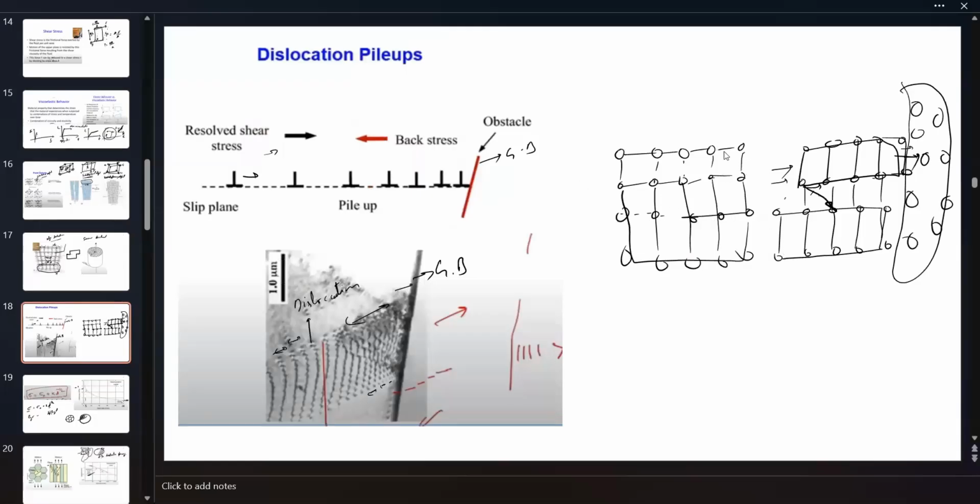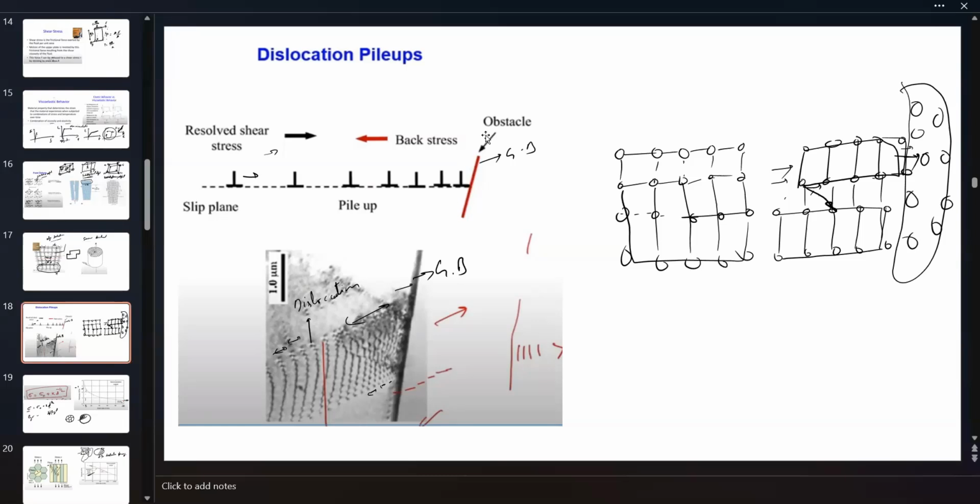So if you apply shear stress on the top of the sample, what will happen is slowly these dislocations will start piling up against the grain boundary. So here you can see these dislocations as they encounter a grain boundary.